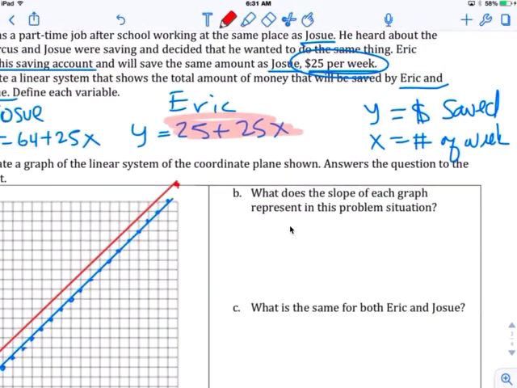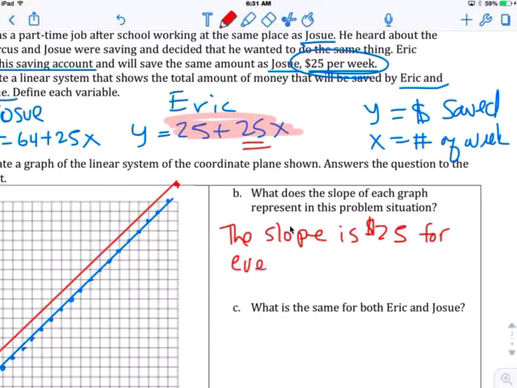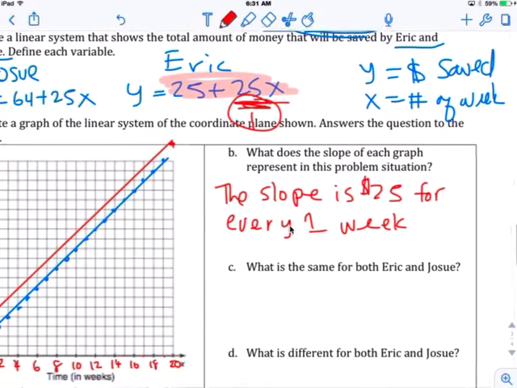Okay, the slope, the rate of change, is $25 for every one, or 25 over 1 week, or 25 per week.